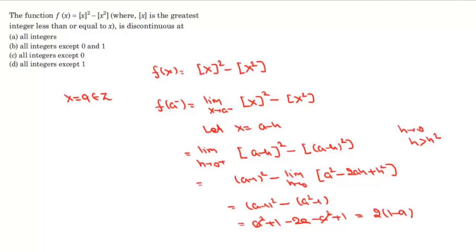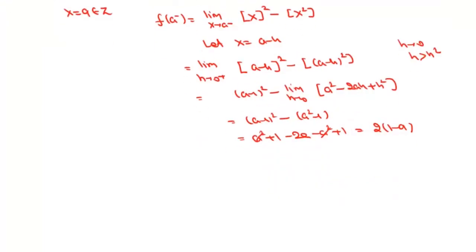Now we'll find its right-hand limit. For the right-hand limit, it will be f(a positive), and we'll let x as a plus h. So we'll write it directly, the limit as h tends to 0 positive.